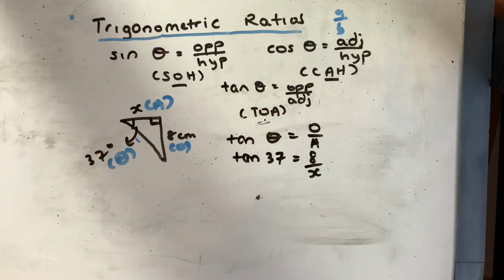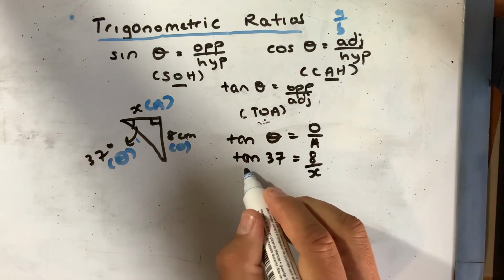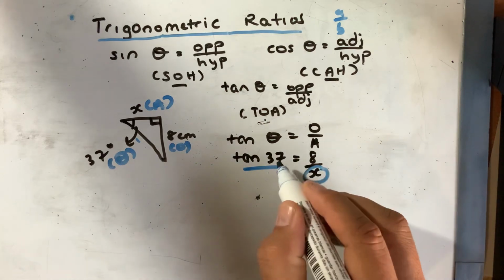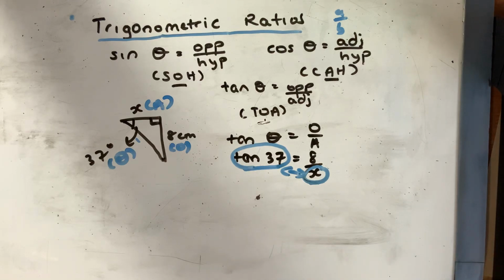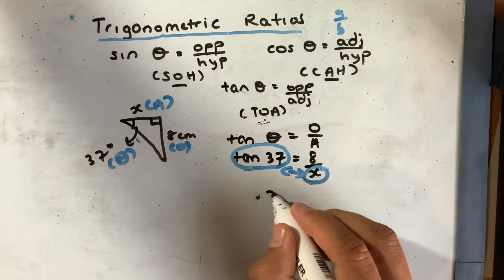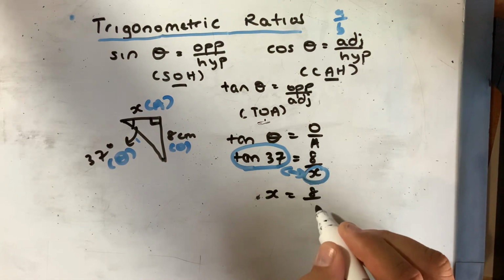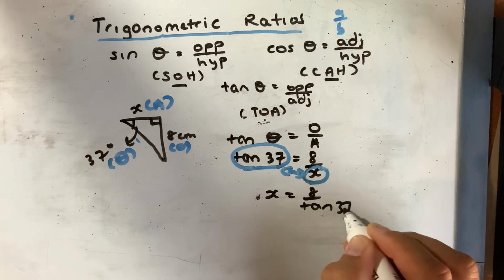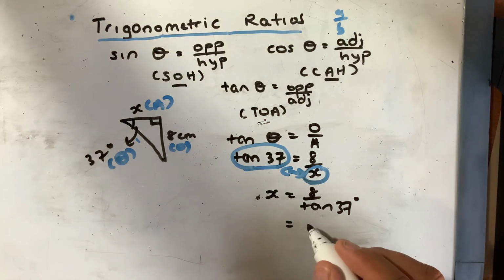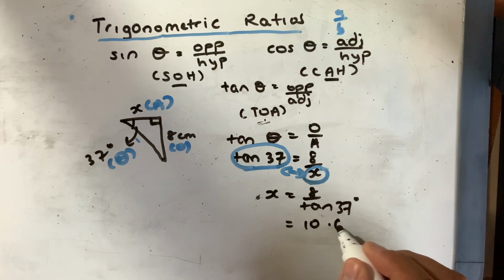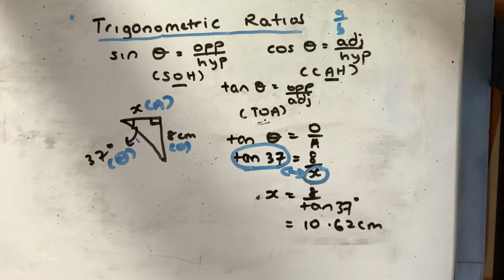So what you do, you're going to swap this number and that number around. So X goes up and tangent 37 goes down. So X equals 8 over tangent 37. And then put in your calculator, and the answer is 10.62 centimeter.